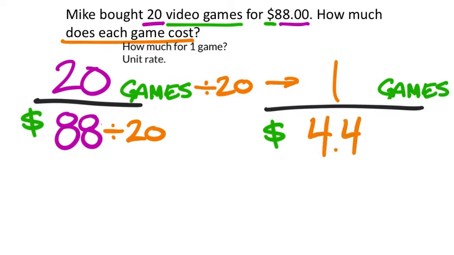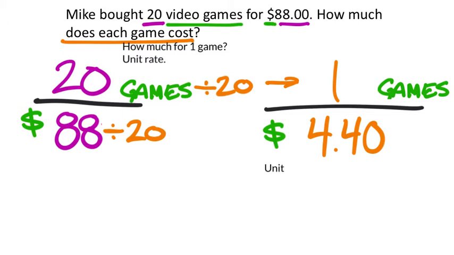4.4. Okay, now since this is dollars, kind of like that last one where we had to round, it's only showing the tenths place value, but we usually have 2 decimal places for money to show the pennies. So I'm going to put a 0 there in the hundredths place value. So once again, this is our unit rate right here.